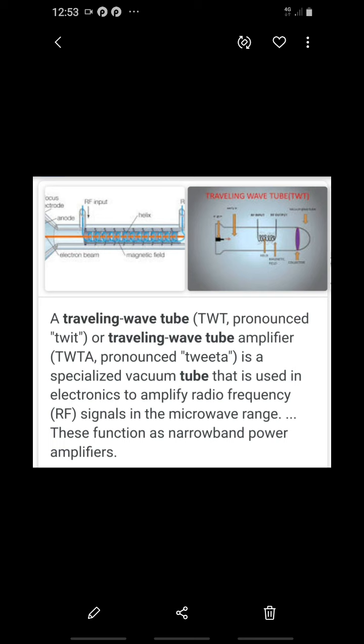Helix: it is a loosely wound thin conducting helical wire which acts as a slow wave structure. RF input is applied at one end of the helix, and output is taken at the other end of the helix.